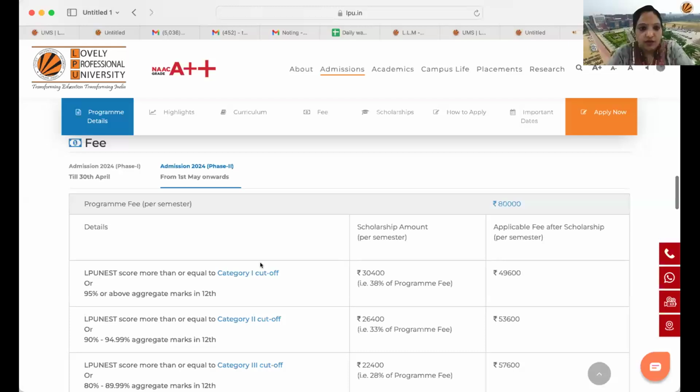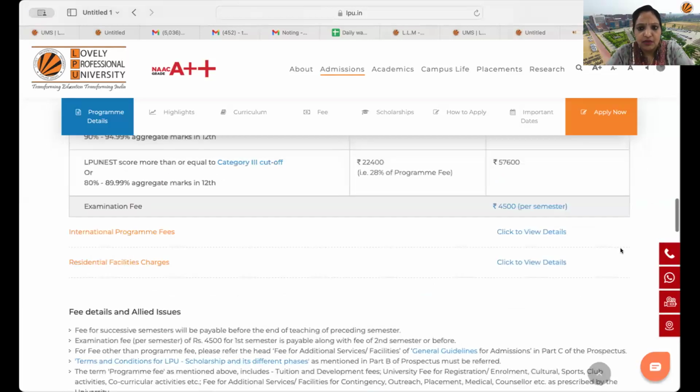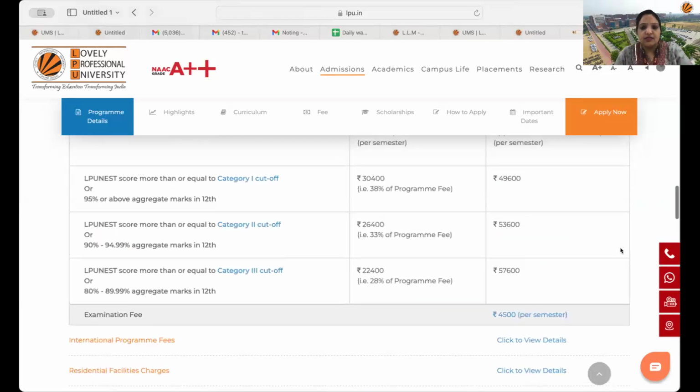Okay. The fee for this program is 80,000 per semester, and in this program there are 3 slabs: 28%, 33%, and 38%. We do acknowledge the hard efforts you have put in during 10+2. If you plan to appear in the university's exam, LPU Nest, that is a test which serves two purposes: eligibility and scholarship.